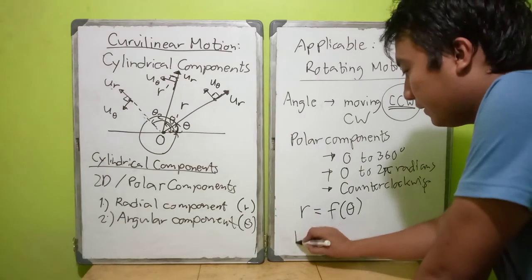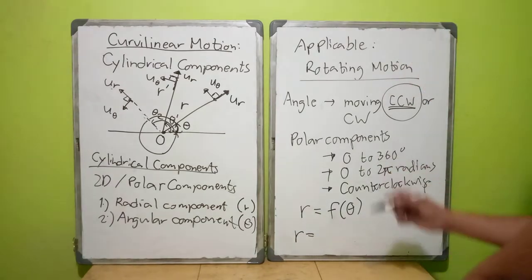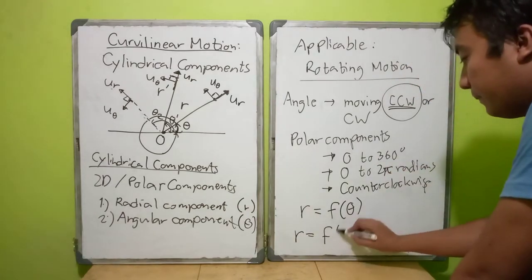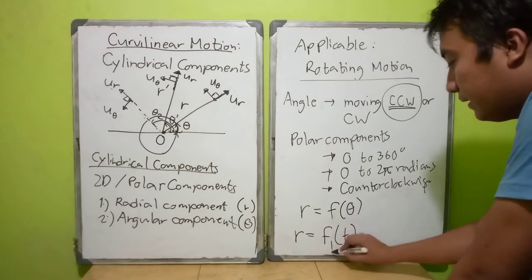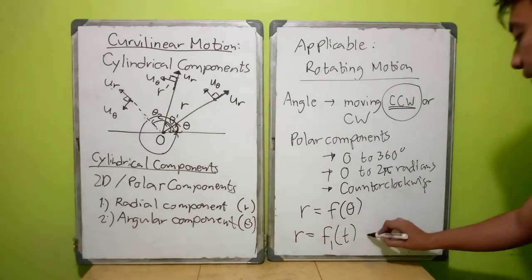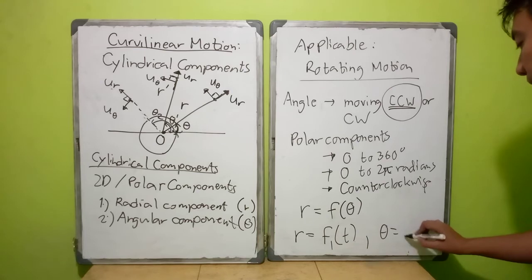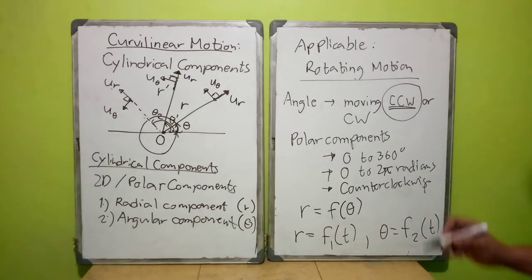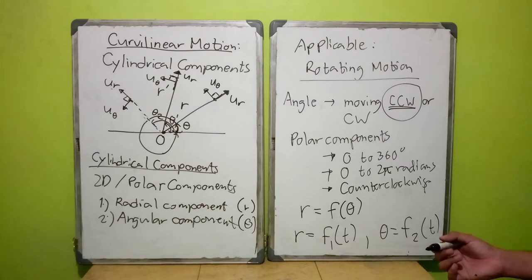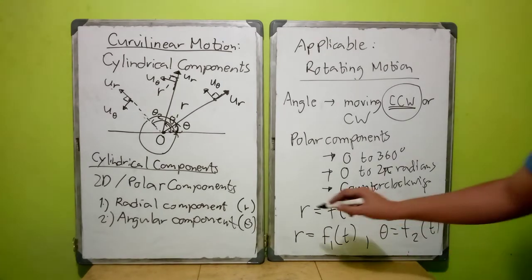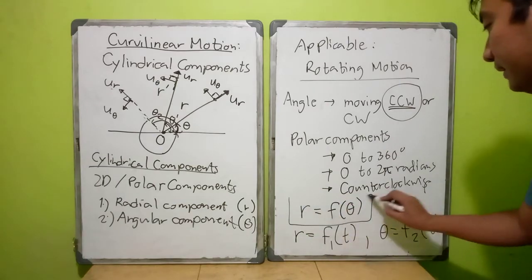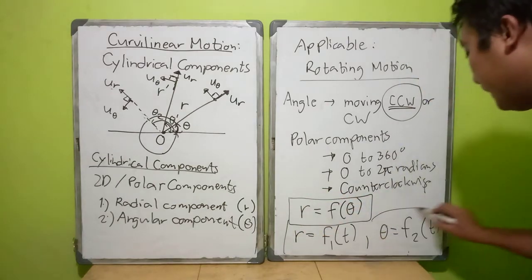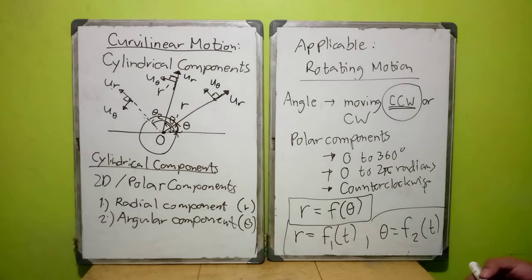You can also denote that your R is a function of time, let us say f1(t), and your theta is also a function of time, let us say f2(t). So it can be represented either this way or this way.